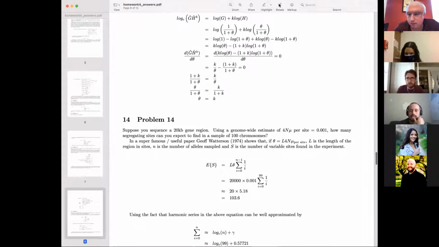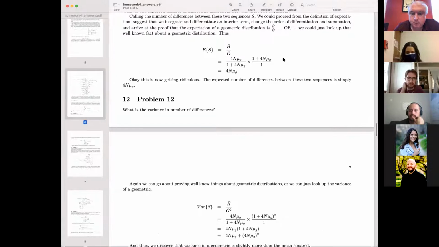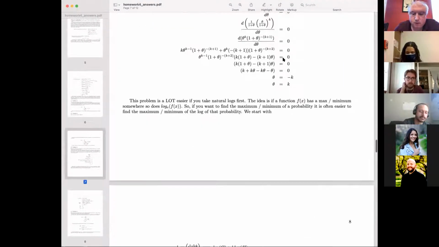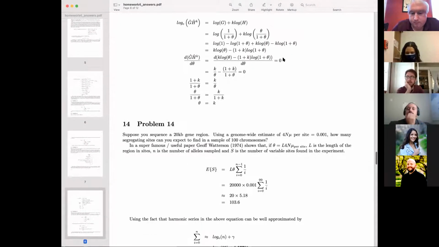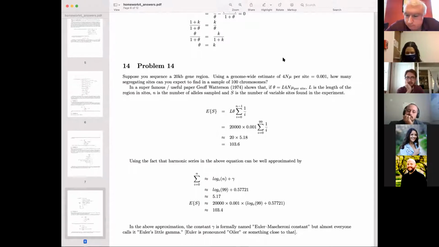Sorry, just kind of asking for a little bit of a repeat of what you were saying regarding dealing with sequencing data. Assuming we have a pretty good approximation of theta for humans, I guess? So in fact, this is a really good estimate of theta for all of humans.